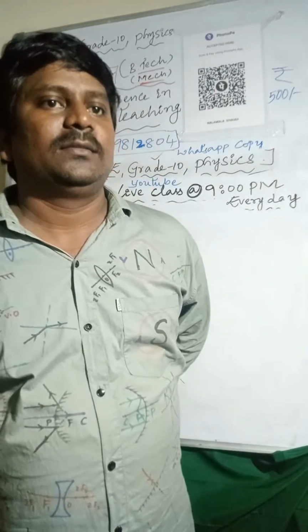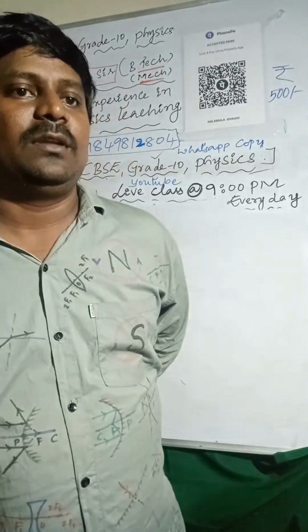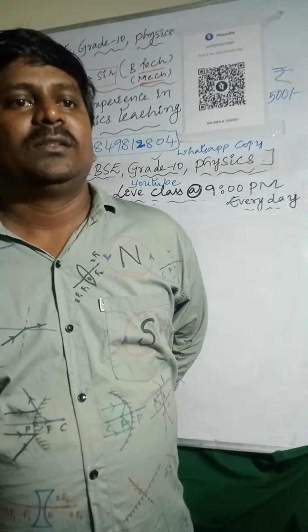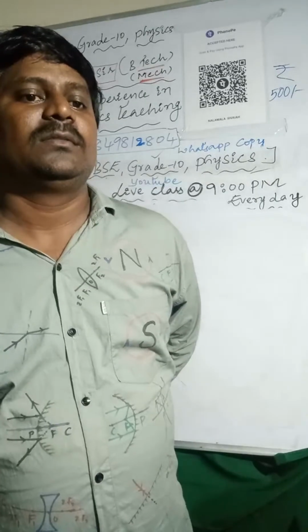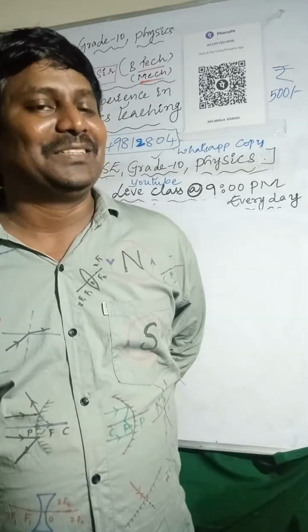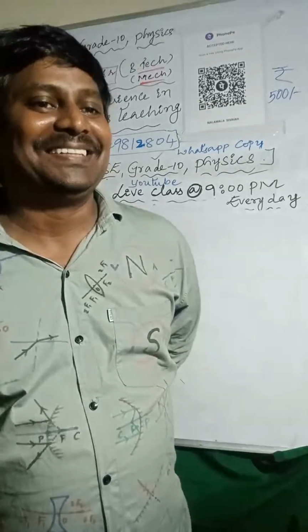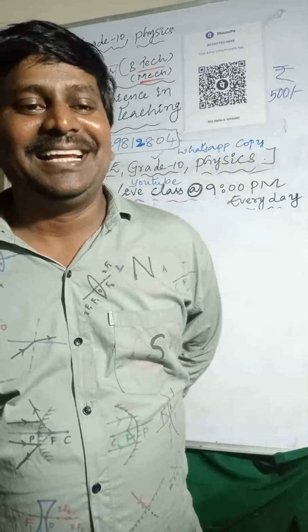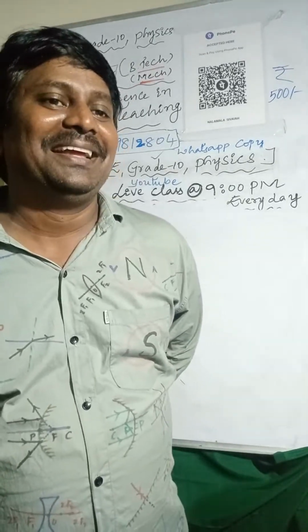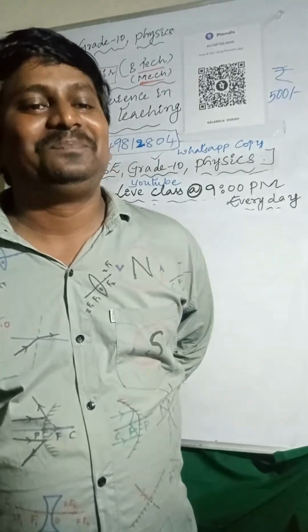Those who want to join at 2 o'clock, you can let me know. If not, the 9 o'clock class is there, and a 6 o'clock class is there. I'm taking both, so you can join at that time.